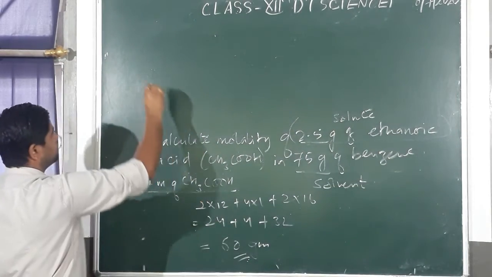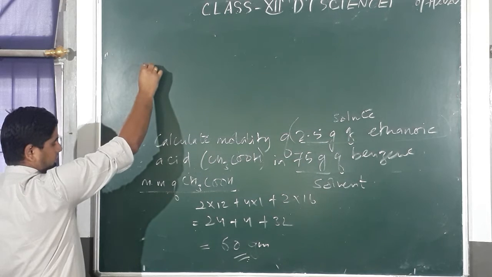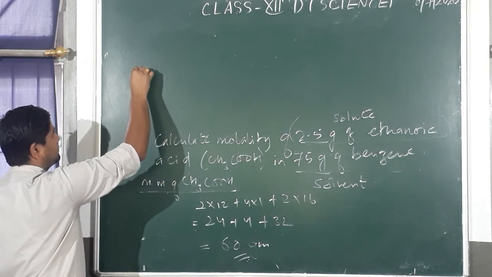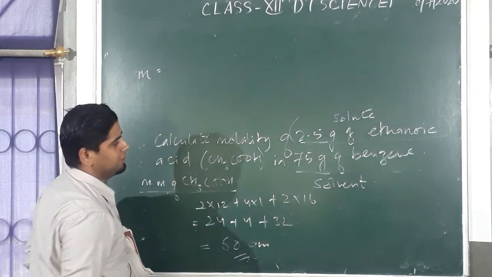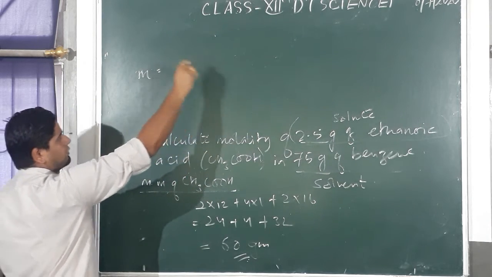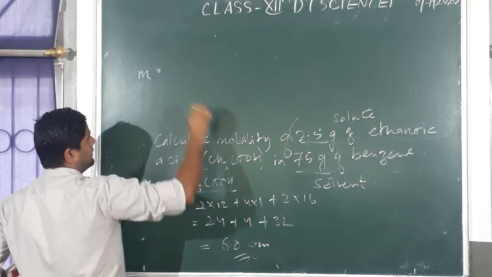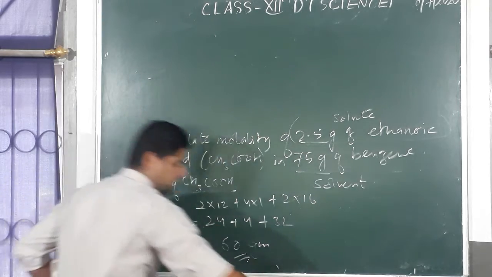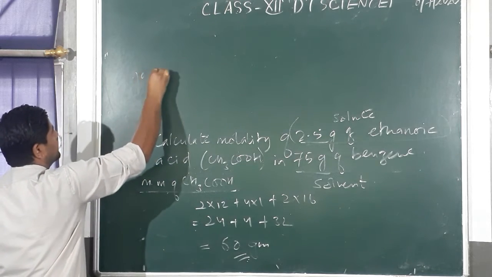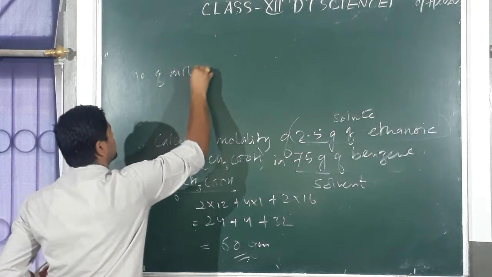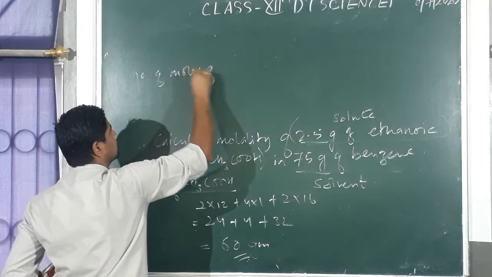So let us put this value in the formula, that is molality. Small m is equal to moles of the solute divided by mass of the solvent. Okay, let us first find the number of moles of solute.